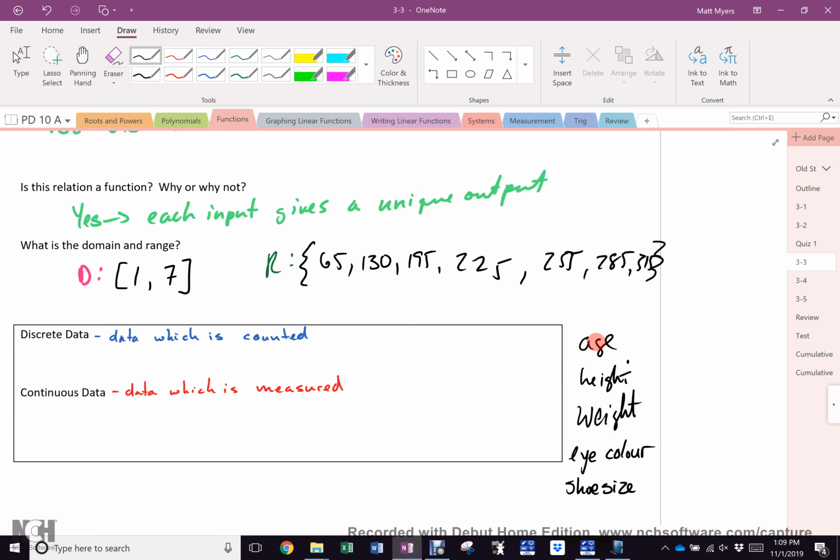Why would it be discrete? It's not numbers, first of all, but why would it be discrete? Because it doesn't change. It doesn't change? All right. It doesn't change for you, right? But it changes between people. I say I have brown eyes. My wife is much nicer to me.